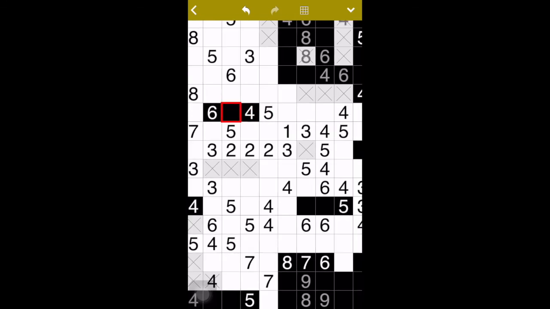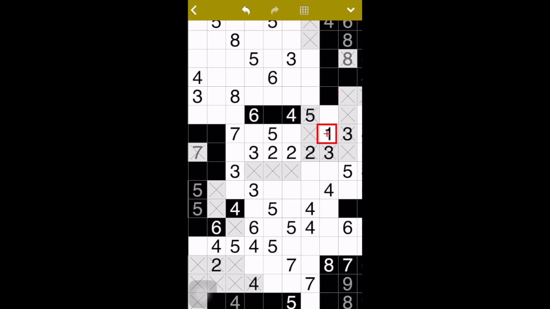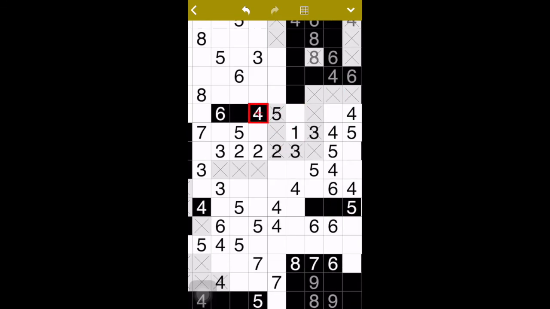I have one black space here, so I need to have at least two black spaces in this column. And I could have only two black spaces because of the one. Since I could have only one here, this one has to be a black space, and that will partially complete the one like that. Since I have two black spaces, I could have only one black space in the left column. So it becomes that.